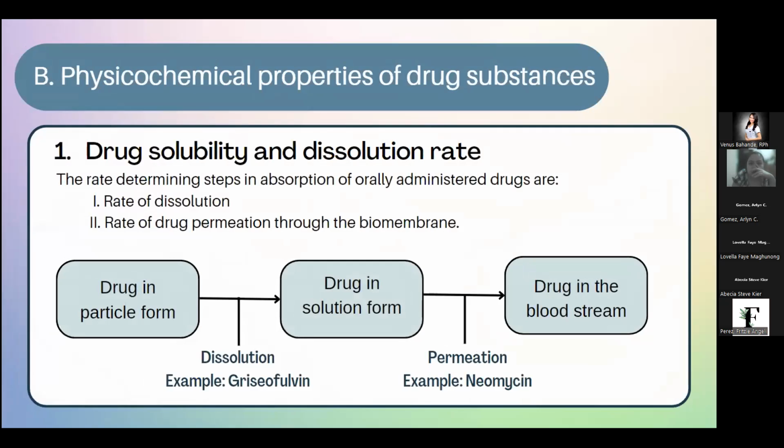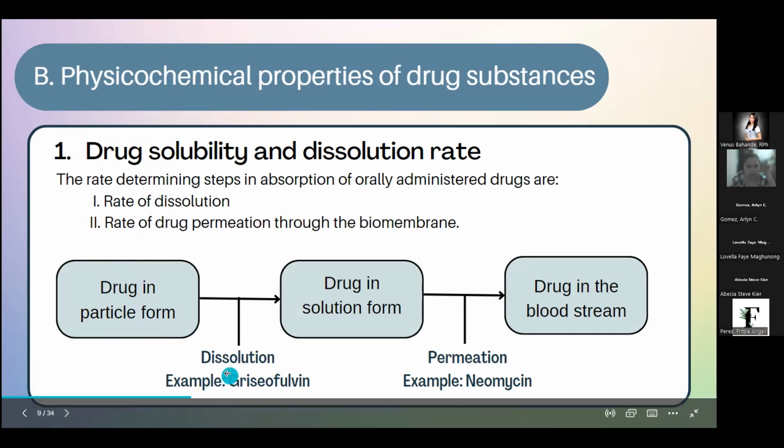And then we have the physical chemical properties, the drug solubility and dissolution rate. The rate determining steps in absorption of orally administered drugs are the rate of dissolution and the rate of drug permeation through the biomembrane. For example, griseofulvin, which is in particle form, follows the solution in the absorption of its active form.